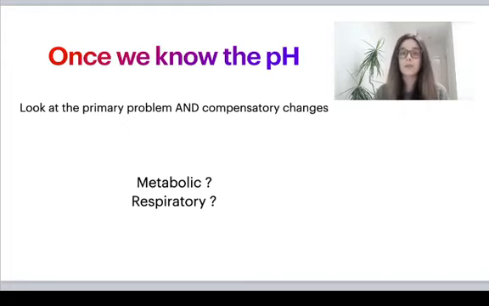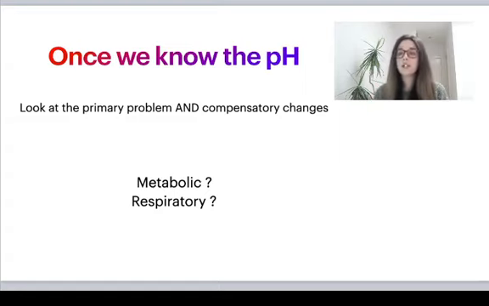Because they're an issue, the body then tries to compensate, and we get these compensatory responses. That's what can make blood gas interpretation a little bit difficult, because the body doesn't make it so simple as to say, this is the problem, here we are. It's, okay, these are our numbers, the body's trying to compensate, and that can make it tricky to interpret because the body's kind of masking what might be going on.